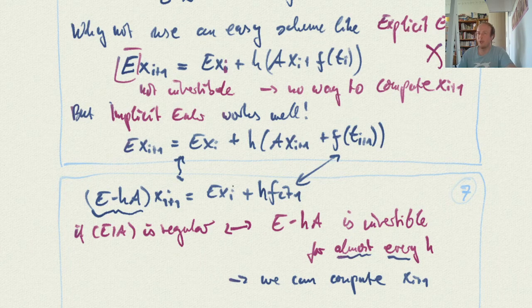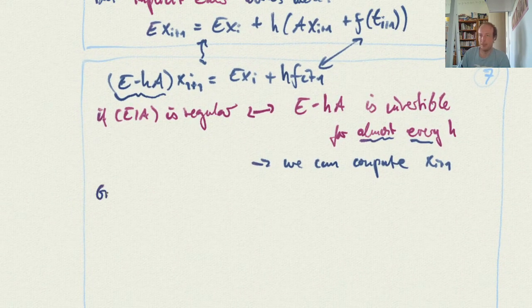Explicit schemes won't work, but this implicit Euler scheme works well, because regularity implies that this matrix here is invertible typically. So if it's not, take another h, and after a finite number of tries, you will have an h for which it's invertible. Okay.